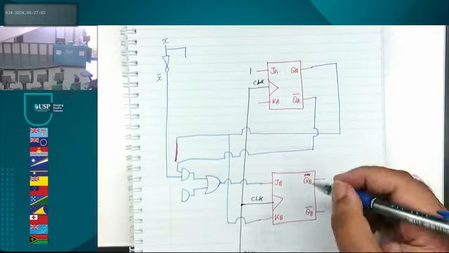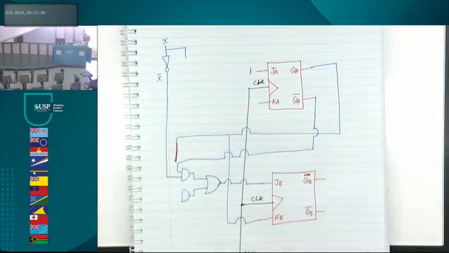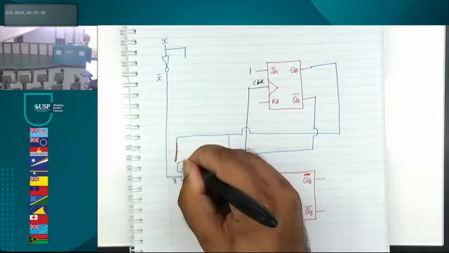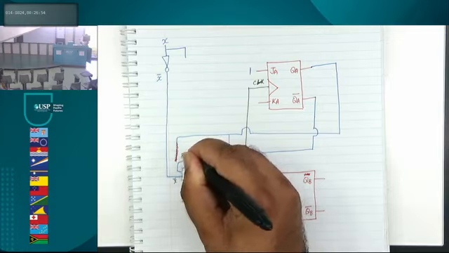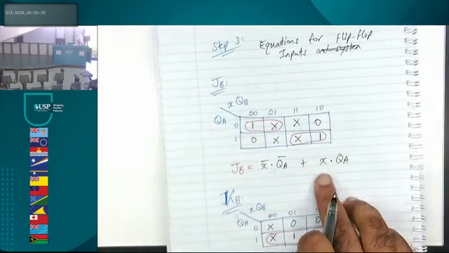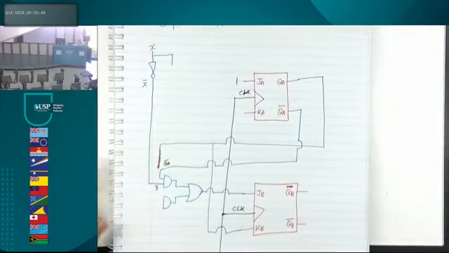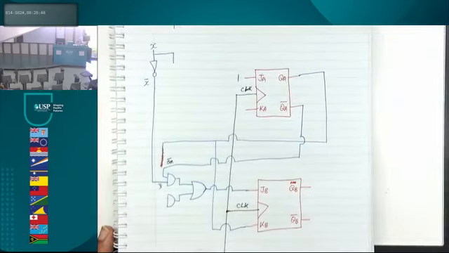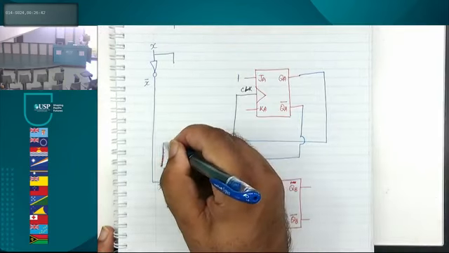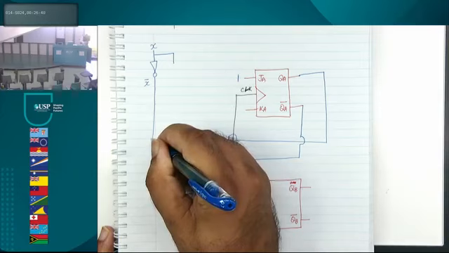So let's just check it. That over there is X bar. What's over here? That's QA bar, right? What's the other one, guys? X and QA. Oh, nice. So we have X and QA. So maybe I'll take this guy over here.